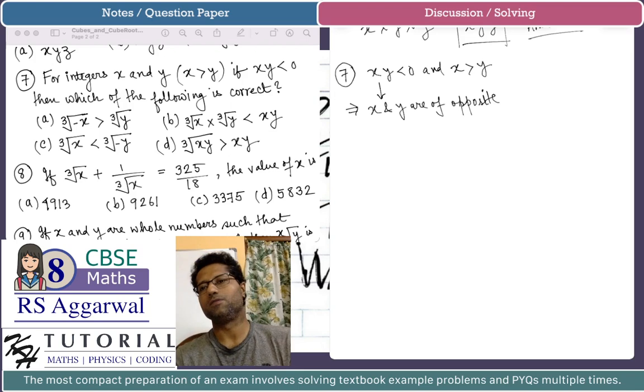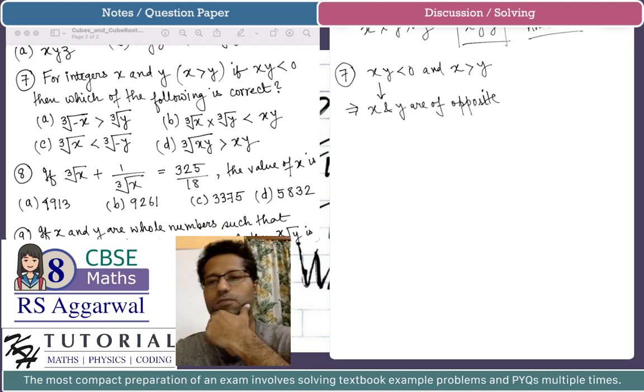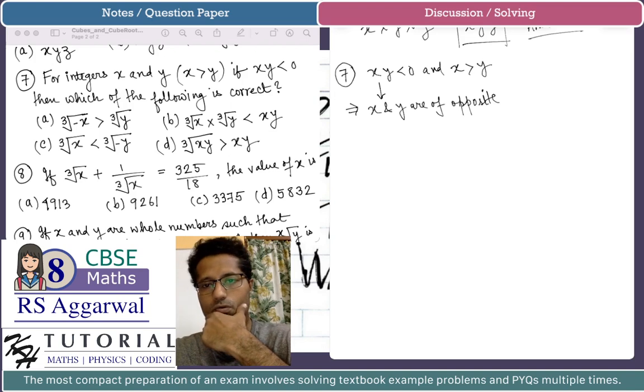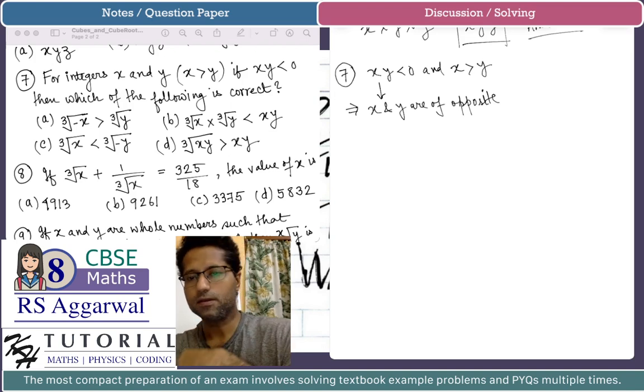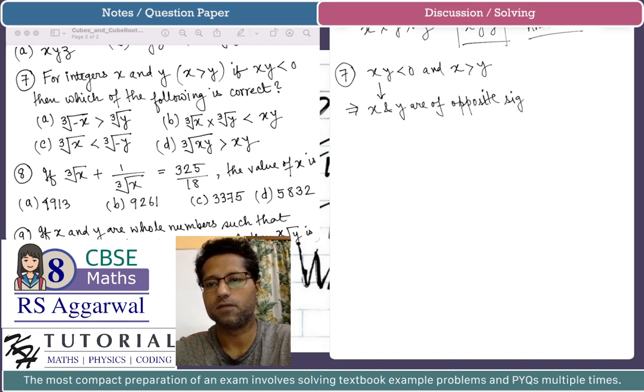If x and y are both positive, xy will be positive. If x and y are both negative, then x multiplied by y will also be positive. So only when x and y are of opposite sign, their product will be negative, that is less than 0. So xy less than 0 implies that x and y are of opposite sign.